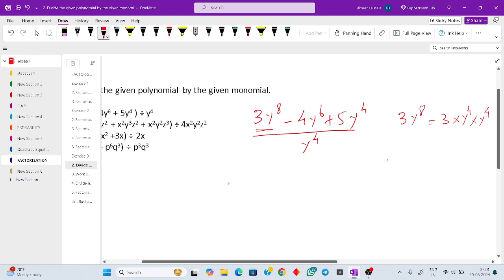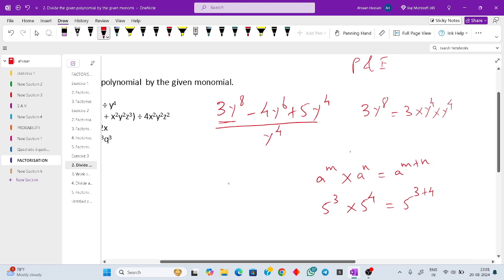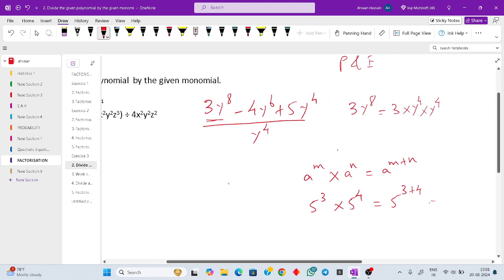because as you can remember from the powers and exponents chapter, a power m multiplied by a power n equals a power m plus n. For example, 5 power 3 multiplied by 5 power 4 will become 5 power 3 plus 4, that is 5 power 7.